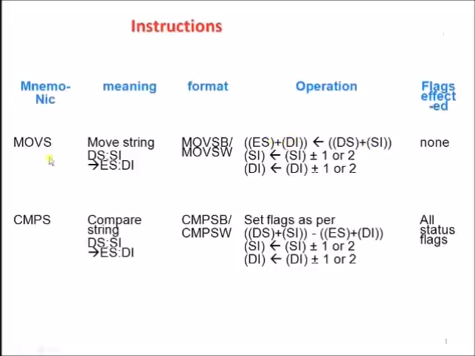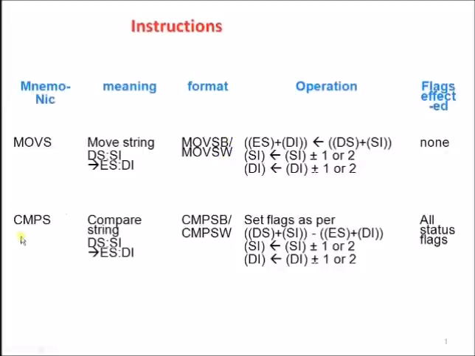Whenever this instruction is executed, it copies the content pointed to by DS plus SI into ES plus DI. After this copying operation, it increments or decrements SI and DI by 1 or 2. Increment or decrement depends on the direction flag, and 1 or 2 depends on whether you are using the MOVSB or MOVSW format. SB is byte-wise, SW is word-wise.